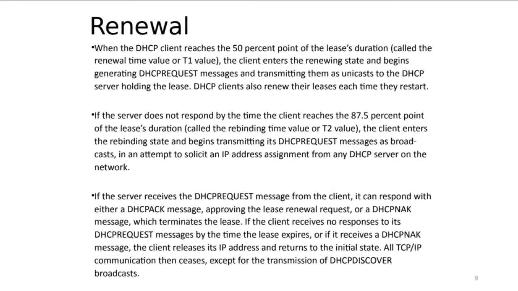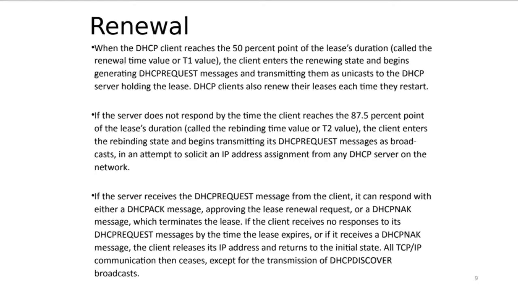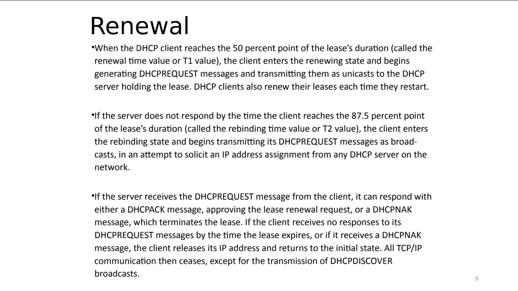If the client receives no response to its DHCP request message by the time the lease expires, or if it receives DHCP NAK, the client releases its IP address and returns to the initial state and starts from the beginning. Okay. All TCP/IP communication then ceases, except for transmission of the DHCP discover broadcast, which is logical.